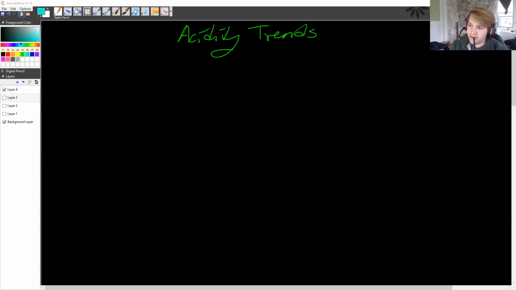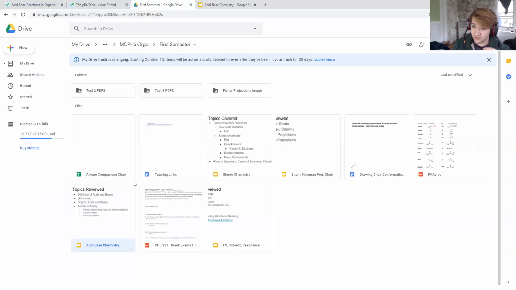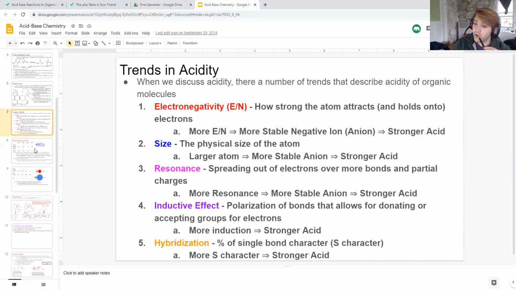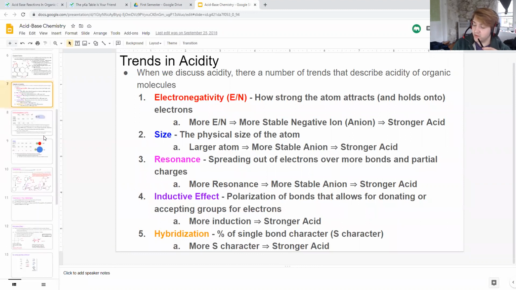What I've seen over the couple of years is that I've taught all 5 of the trends, but what I'm starting to see more is that only really one of them is really talked about. So what I want to show you is that in that same Google Drive link, if you go to this PowerPoint called Acid and Base Chemistry, I go through all the acidity trends and I talk about them.